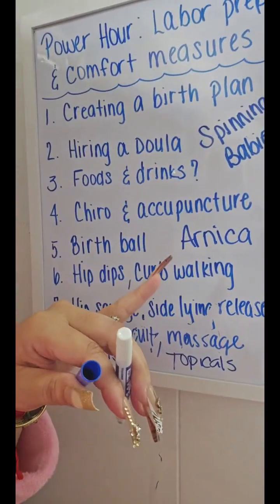Right here. Arnica. Thank you, Kaya. Arnica oil is a natural flower or herb that can be used for pain relief. I make my own. I take the flowers and I steep them in oils and strain them, and I make my own oil. But it's really great for that lower back pain, the hips, things like that.